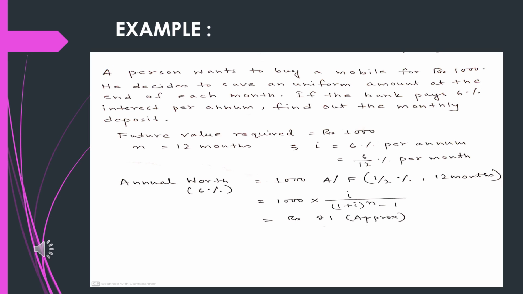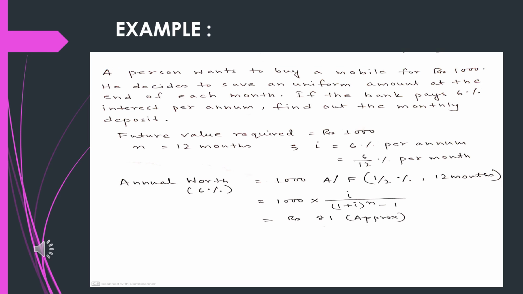So the transformation of this 1000 goes from future worth to annual worth, taking 0.5% per month from the 6% per annum, and the time period as 12 months.